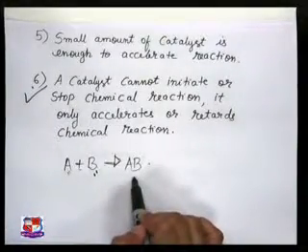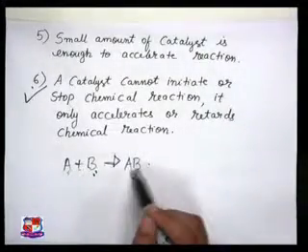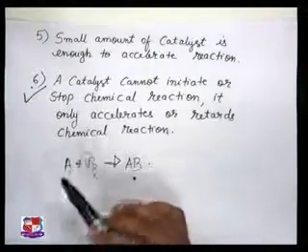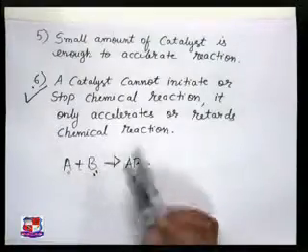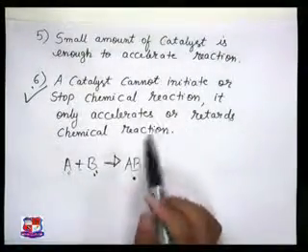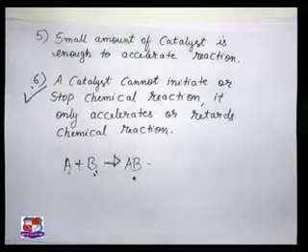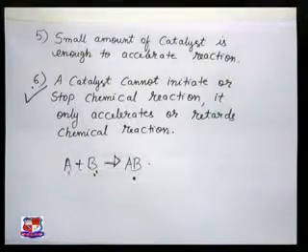Within a very short time you will be able to get a large amount of product, which is very preferable for the industries. But if your catalyst is working in a retarding fashion, then what happens? It will retard things and your product AB formation will get slowed down. That is the thing one has to remember.